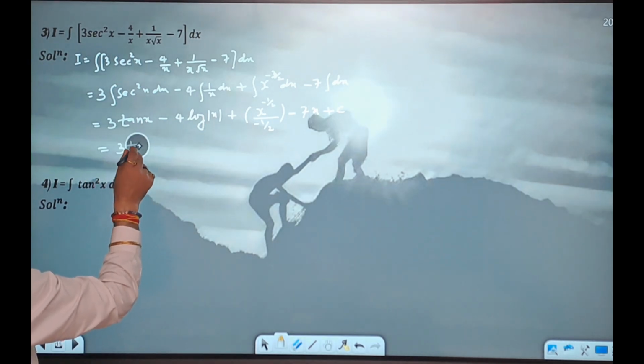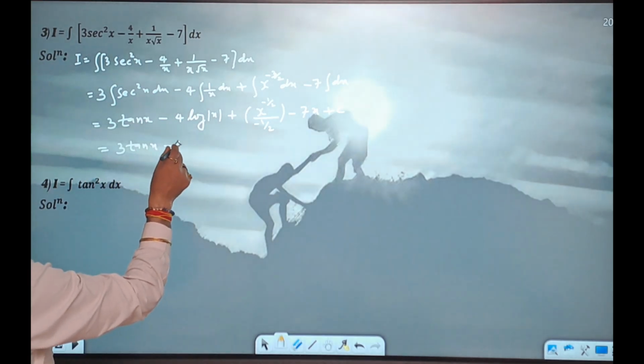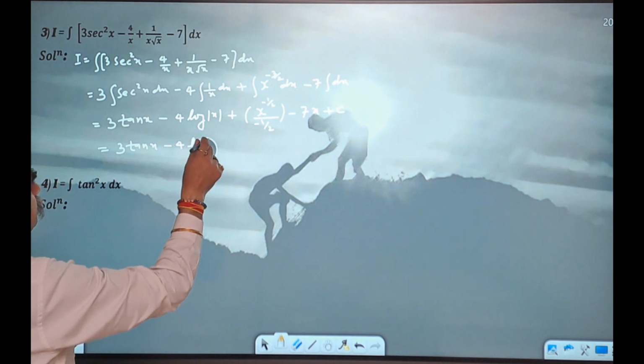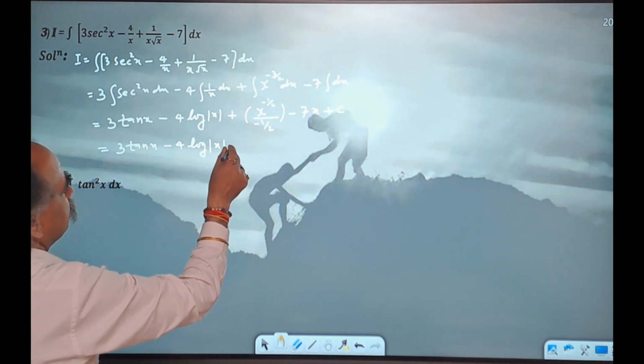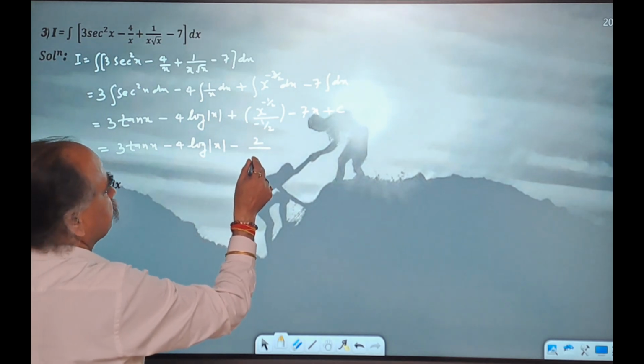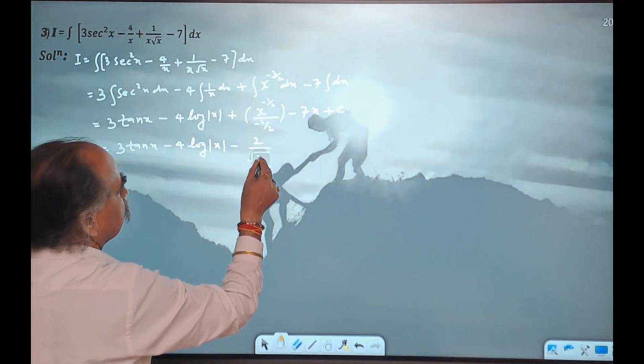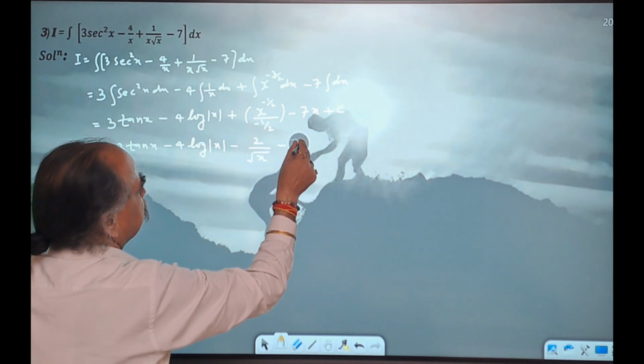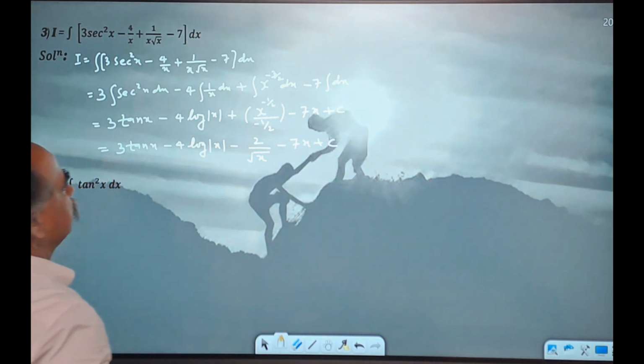Which is 3 tan x minus 4 log mod x minus 2 upon, bring down and make positive, root x, minus 7x plus c is the answer.